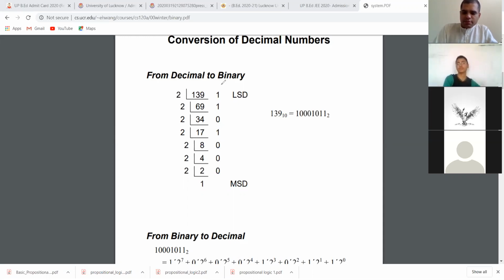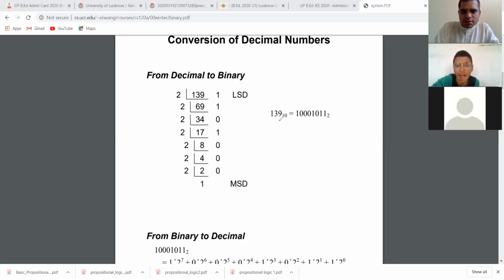What are you asking? So here it is written 139 base 10. Why do we take 10 as base? Base, so that we can identify that 139 belongs to which number system. Just like there is another number system called octal number system.